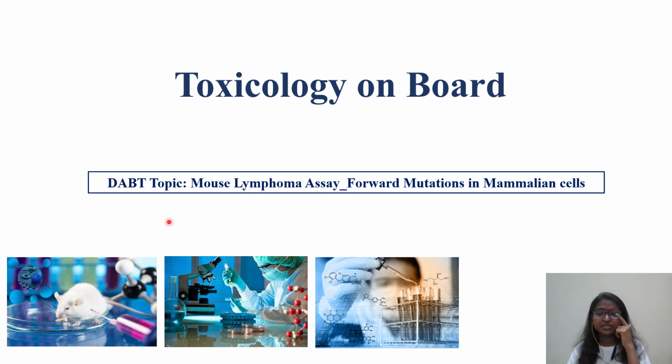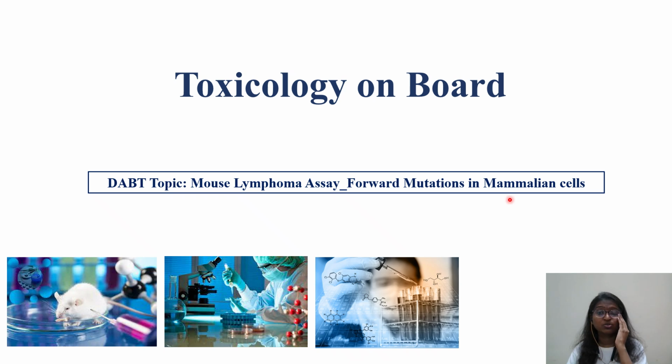In this video, we'll be discussing another DABT topic, that is mouse lymphoma assay, forward mutations in mammalian cells. Again, you have to remember, for the DABT syllabus or examiner, genotoxicity and mutations are very important topics.